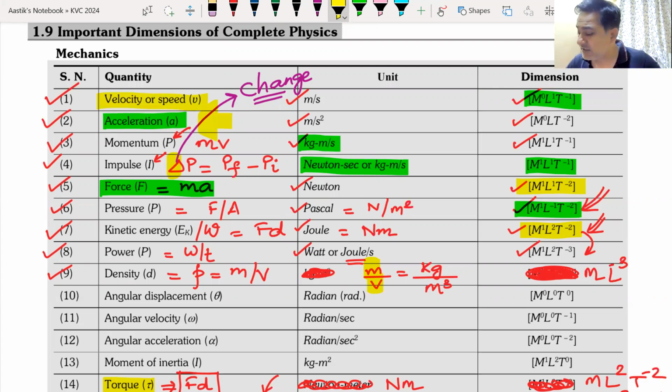In the third quantity, I multiplied mass with velocity. In the fifth quantity, I multiplied mass by acceleration. In the sixth quantity, I divided force by area. That tells me that even if physical quantities are different, you can multiply or divide them.